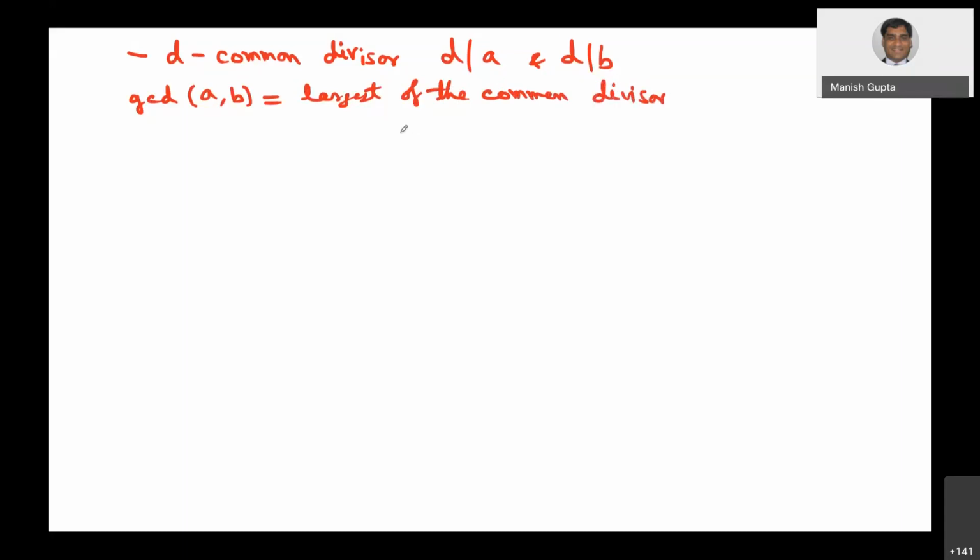I can define it because any integer a can be written as p1 raised to power alpha 1, p2 raised to power alpha 2, pk raised to power alpha k, and our integer b can be written as p1 raised to power beta 1, p2 raised to power beta 2, and so on, pk raised to power beta k.